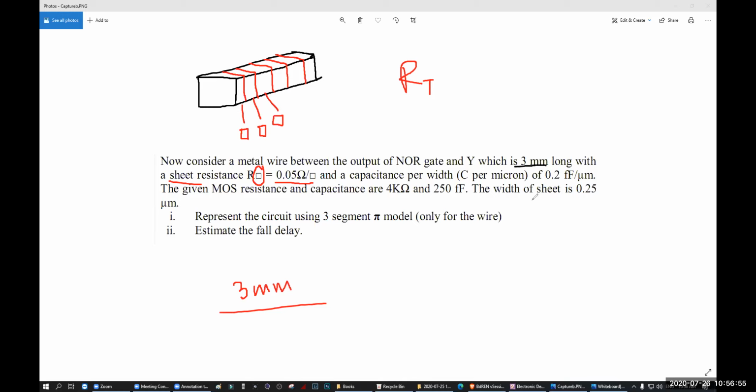And what is the width of per sheet? Width means this width. That means what is the width of the sheet? 0.25 micrometer, right? So we can call the length 3000 micrometer.